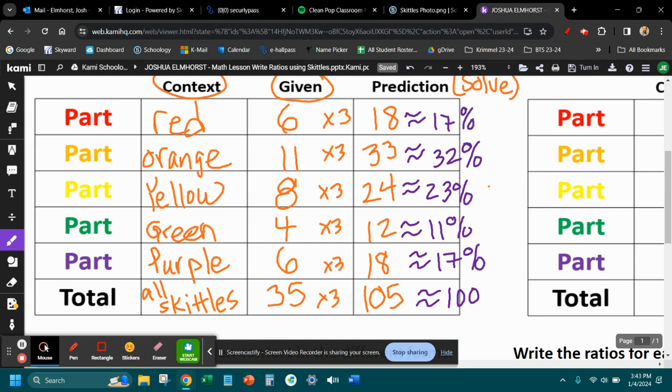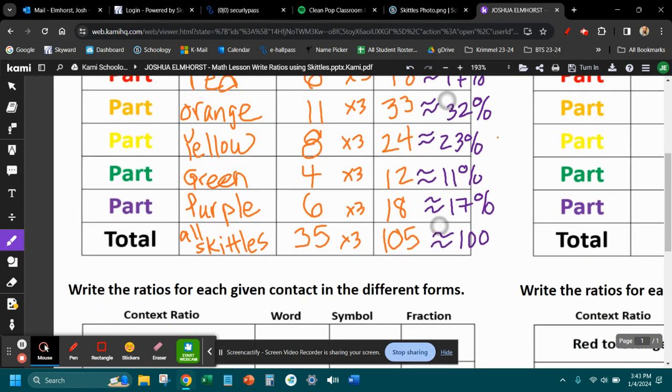So about what percent is red? It's about 17%. It's 18 out of 105, which is pretty close to 17 out of 100.